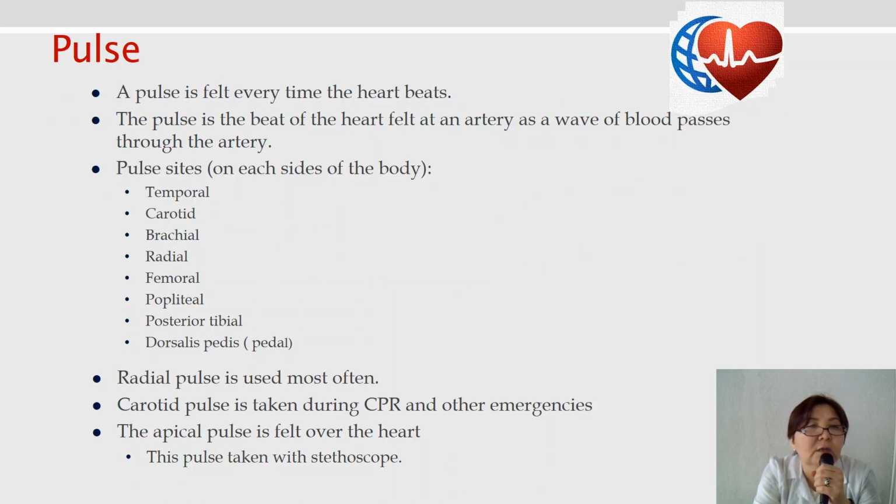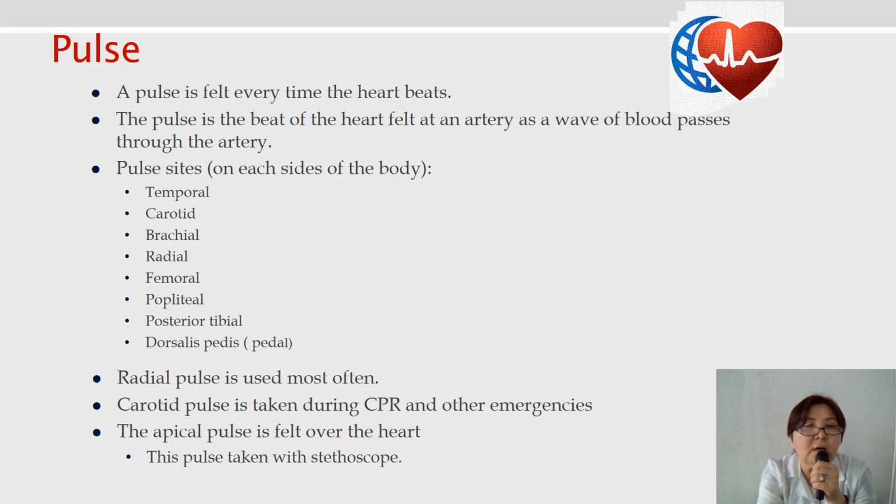Next examination is pulse. A pulse is felt every time the heart beats. The pulse is the beat of the heart felt at an artery as a wave of blood passes through the artery. Pulse sites are temporal, carotid, brachial, radial, femoral, popliteal, posterior tibial, and dorsalis pedis or pedal.